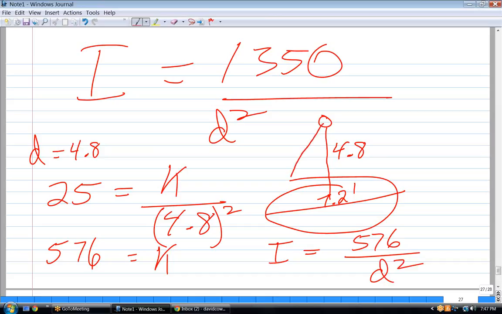What is the distance to the edge of that table? 3.6. Well, that's the radius. In other words, we have a triangle that is 4.8 on this side, 3.6 on this side.